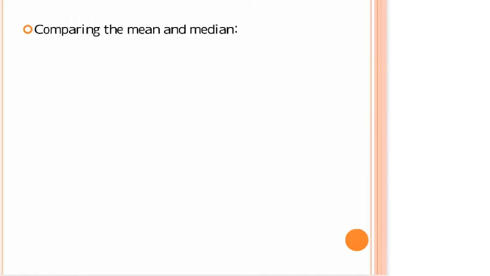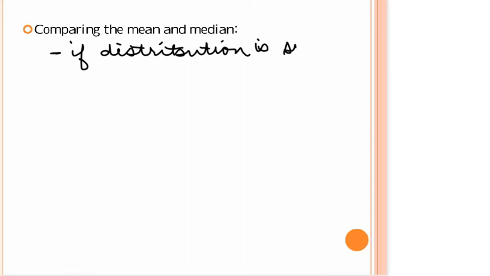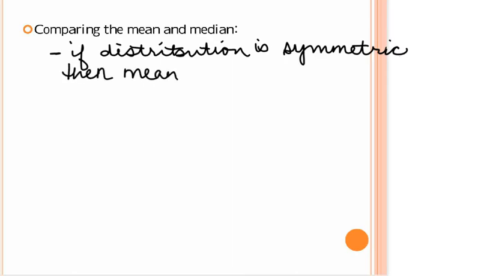All right, so we can compare the mean and the median together. There's just basically a couple of things you want to know. If the distribution is symmetric, not symmetry, but symmetric, then the mean and the median will be close together, or even exactly the same.